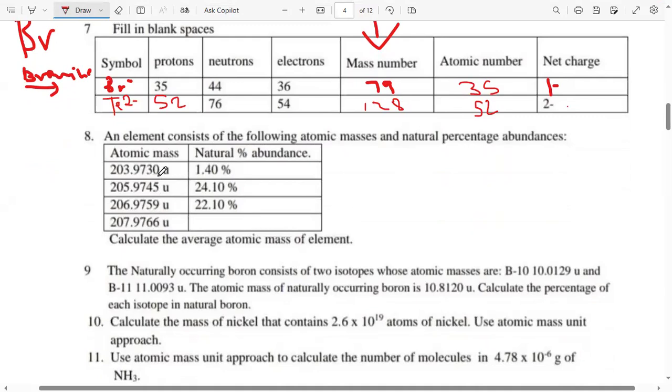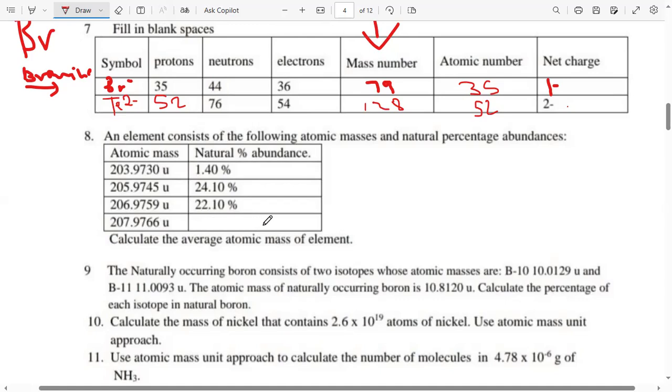So you can see the atomic masses there, and then we have the natural percentage abundance here. You can see that this mass has this percent, this mass has this percent, this mass has this percent. So we know that the total percentage here should always be 100. So we notice that the last one here does not have any percent here.